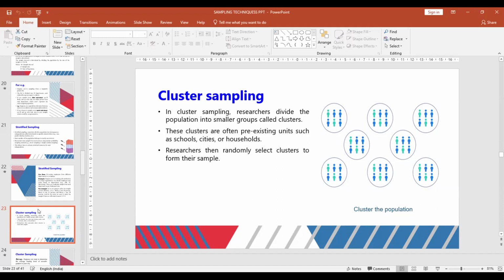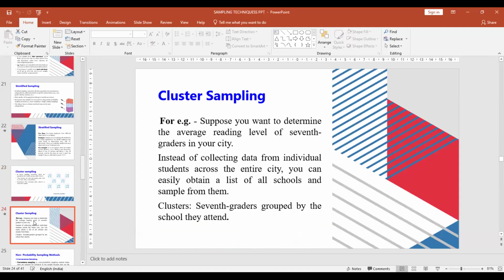These clusters are often pre-existing units, such as schools, cities, households, or any other clusters. So first, if a researcher collects data by cluster sampling, they should prepare small groups, like the clusters. The researcher then randomly selects clusters to form their sample.